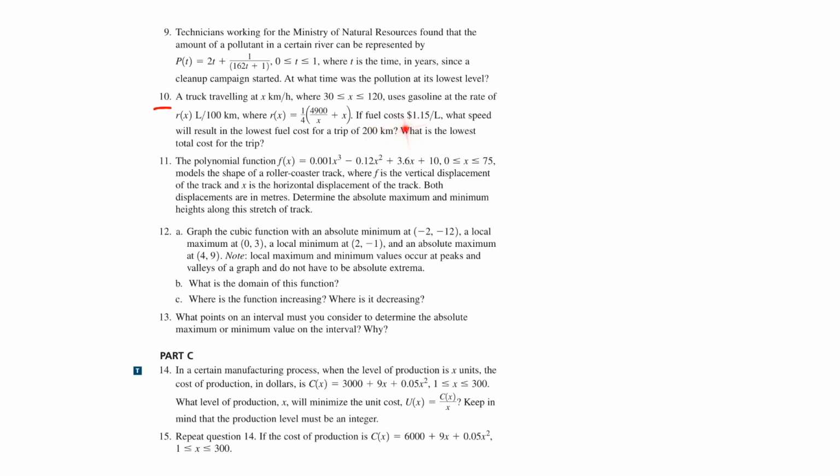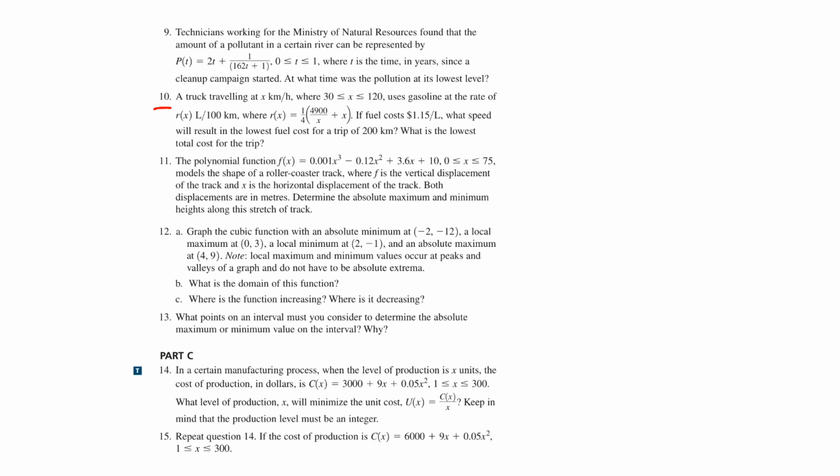If fuel cost is $1.15 per liter, what speed will result in the lowest fuel cost for a trip of 200 kilometers? And what is the lowest cost?